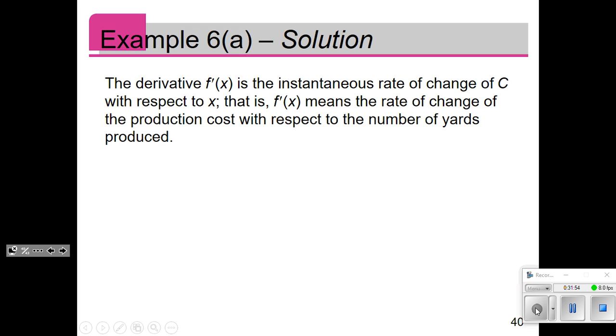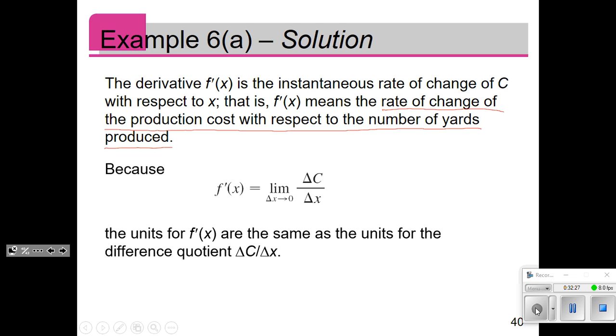That's the instantaneous rate of change with respect to X, meaning with respect to the number of yards you're producing. So F prime of X means the rate of change of the production cost with respect to the number of yards produced.